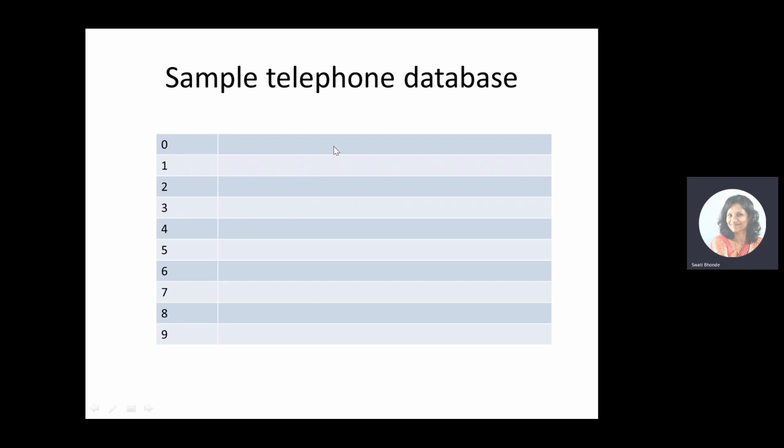Now, whenever there is no collision and each phone number maps to a unique index in the hash table, then everything seems okay. But that's not always true. Sometimes it's possible that two or more mobile numbers return the same hash index. This scenario we call a hash collision.